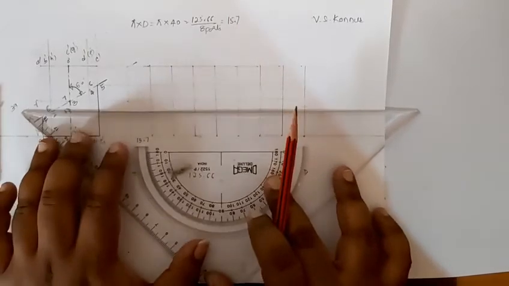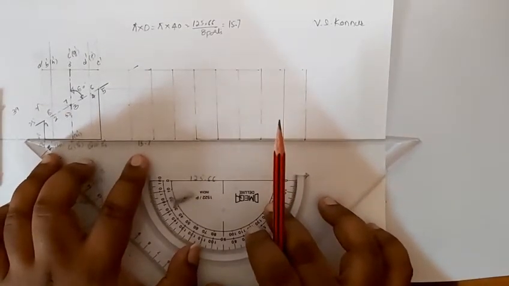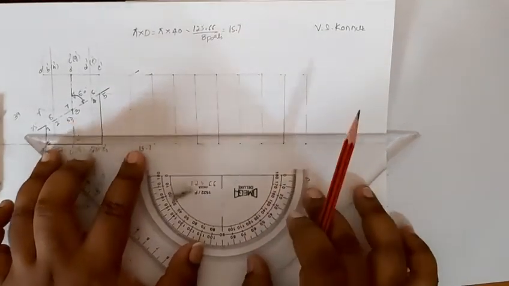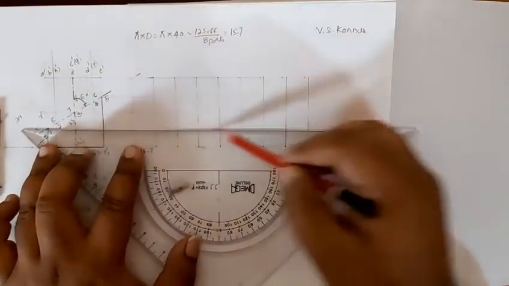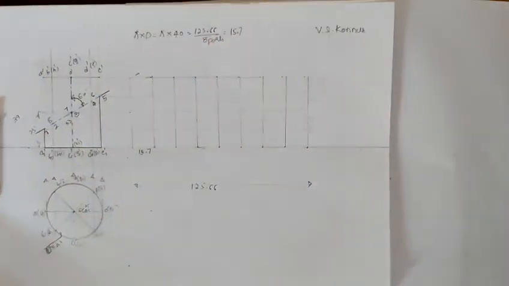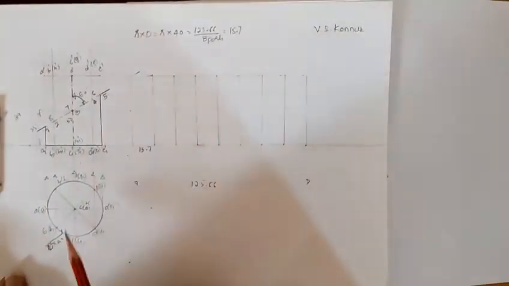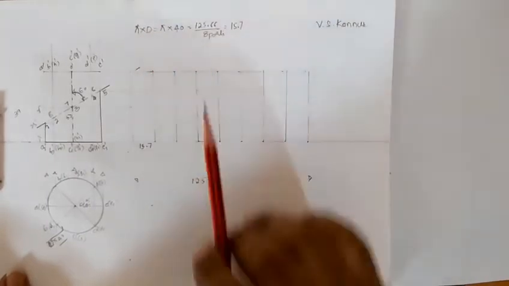And one more line is left. Right, now 5 into D, that is, total 40 mm diameter is there. 5 into D will get a total length of 125.